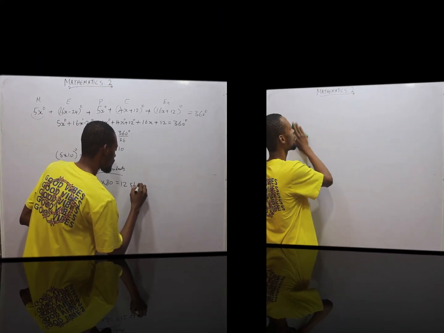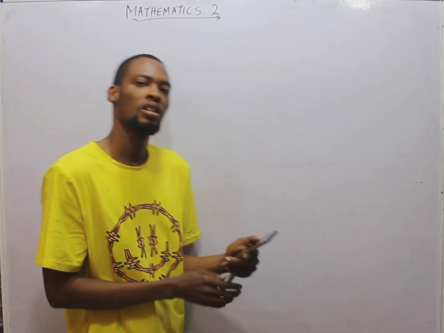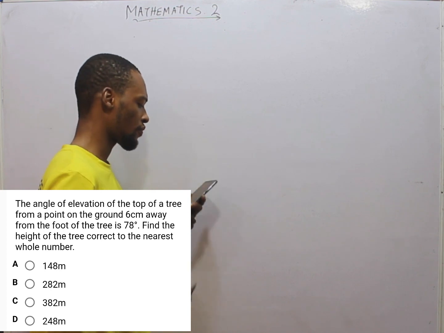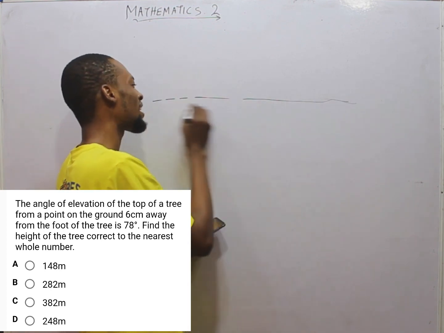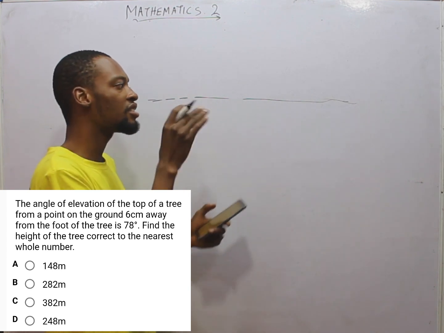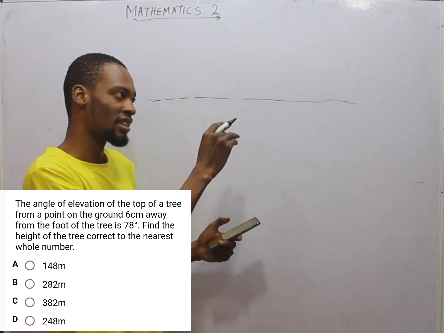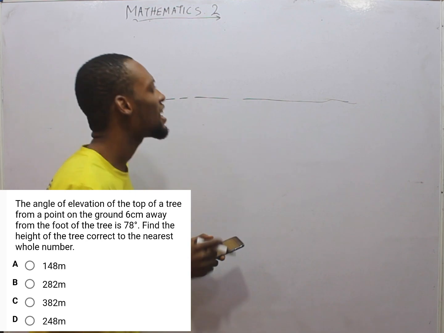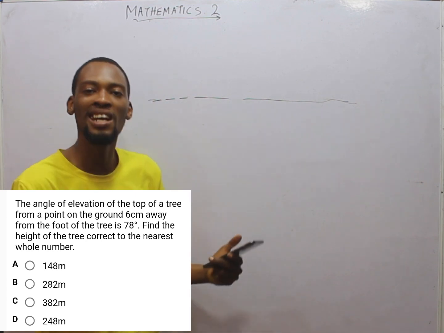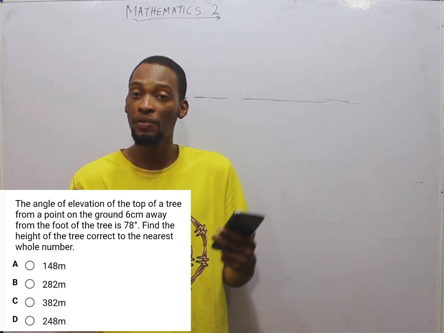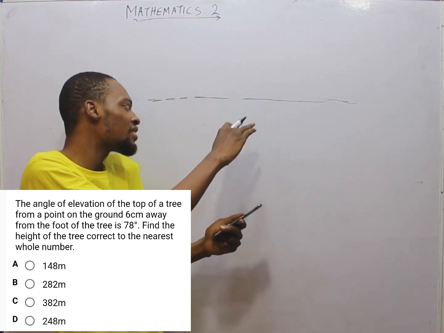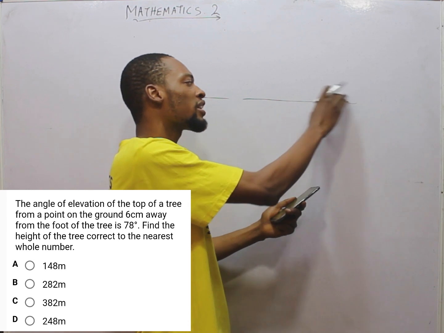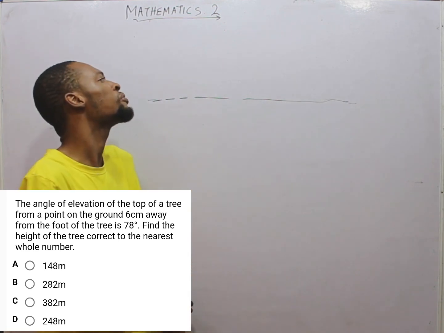If I am here now, if I look straight, this is my eyesight. This is the horizontal, my normal eyesight. Now, if I see a tall, beautiful girl, I'll have to look up. Let's say I'm at ground level and the girl is walking. I'll have to look up to see her face.